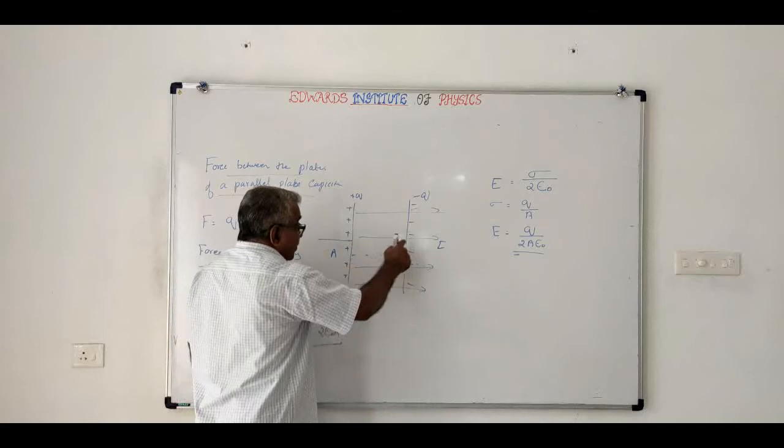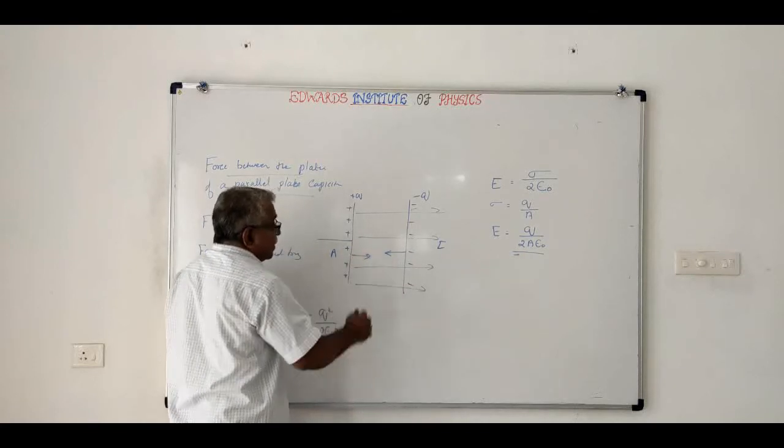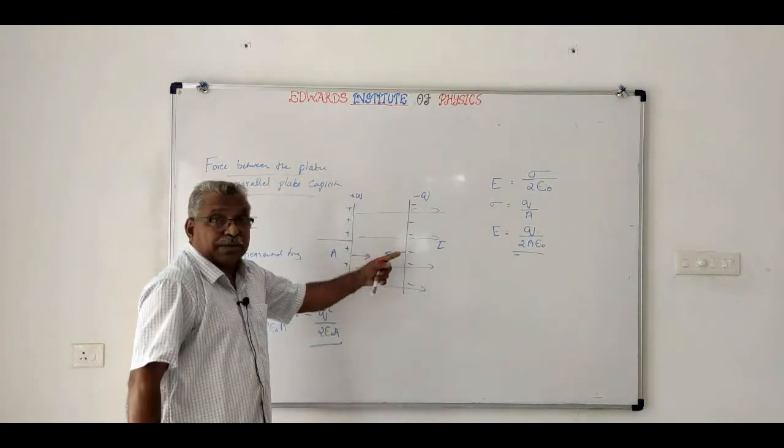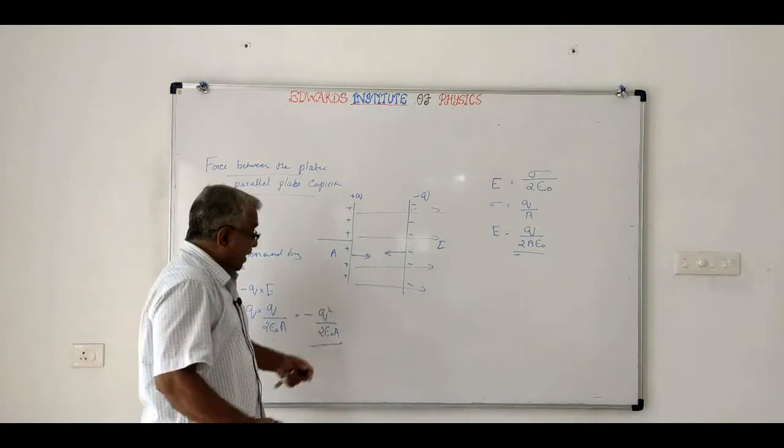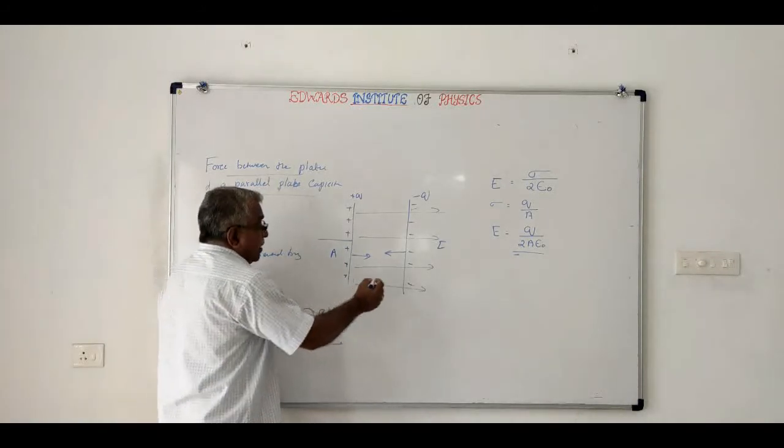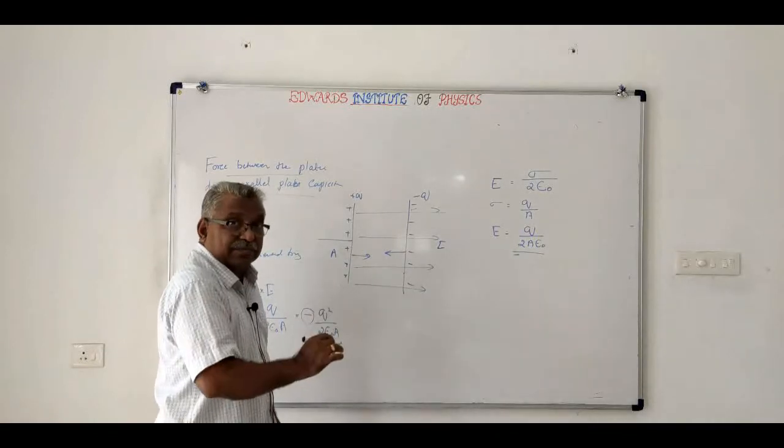Imagine that this plate is fixed, then this will be the force experienced by this positive plate. Then that will become plus. The negative sign here reveals that the force is in the negative x direction.